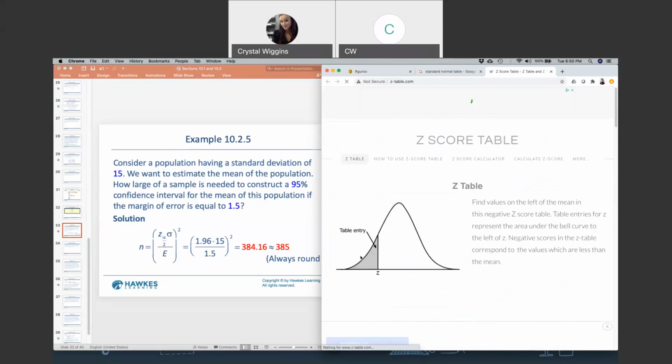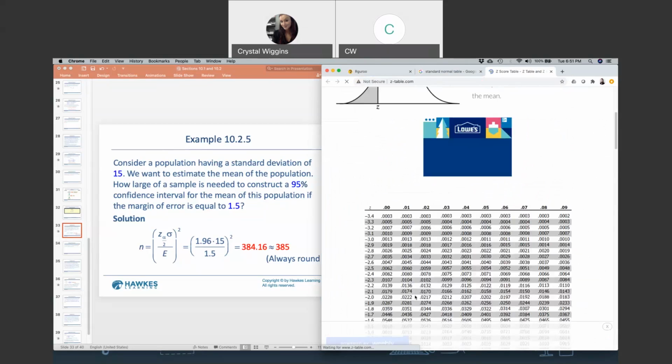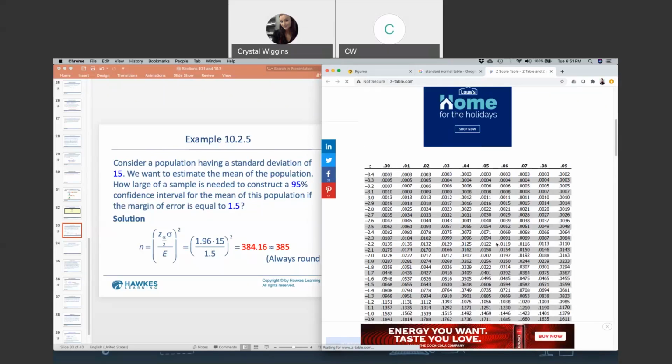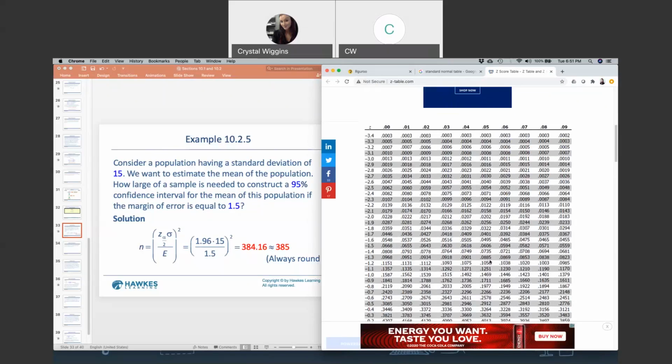Again, here in the table, you can see they need the left area. Since we know the left area is 0.075, if you're using the table, you are looking in here for 0.075 or as close as you can get. So here's 0.035, 0.07, what was it, 75 is what I'm looking for.